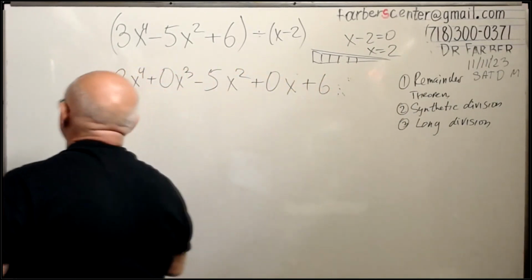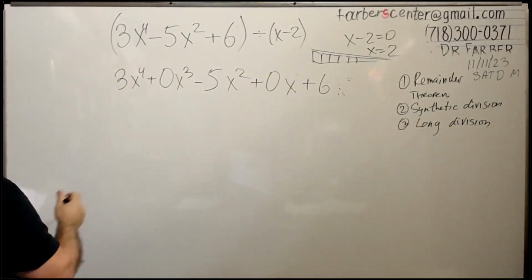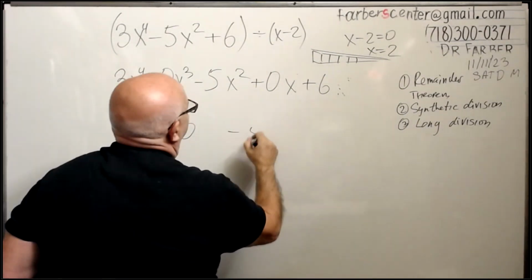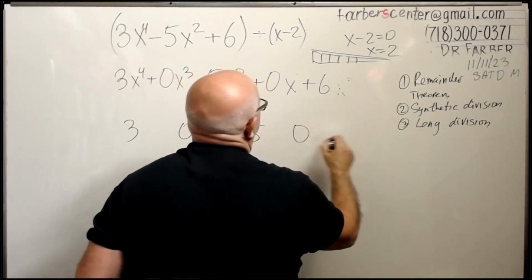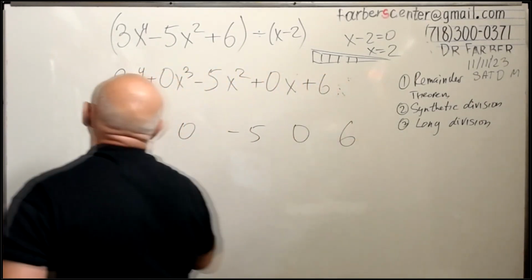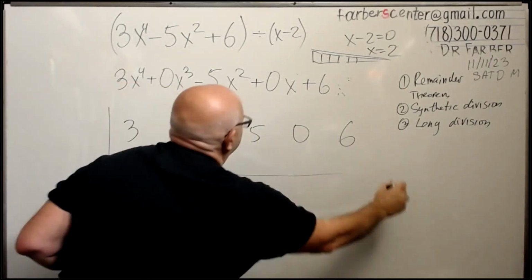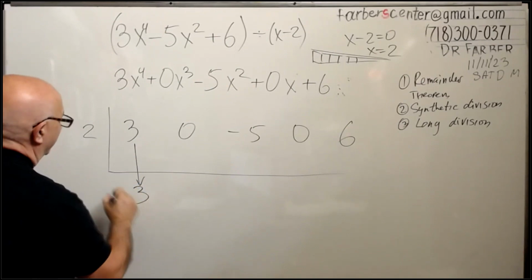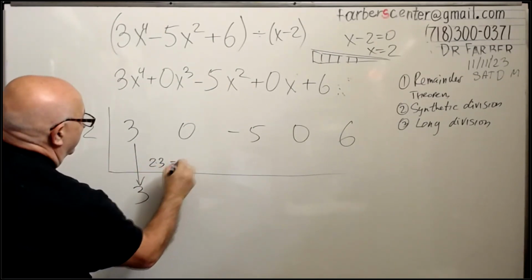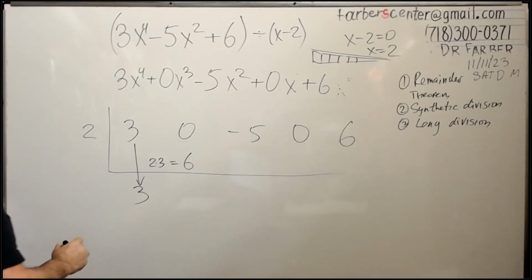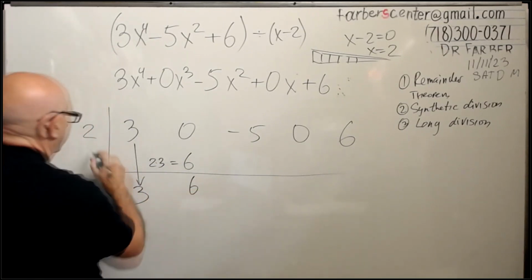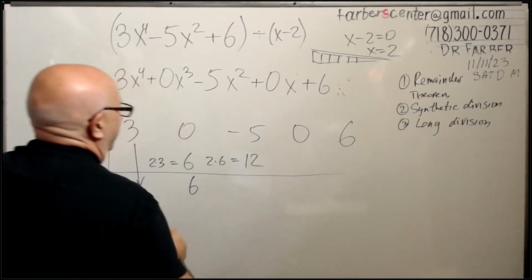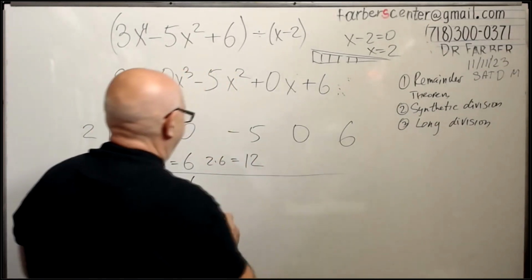Write all the coefficients here: 3, 0, negative 5, 0, and 6. Make an angle. Put 2 here. Bring down 3. 2 times 3 is 6. 0 plus 6 is 6. 2 times 6 is 12. 12 minus 5 is 7.